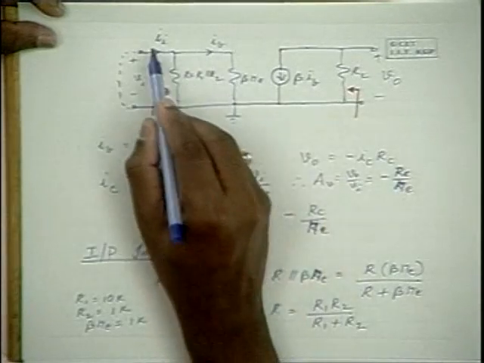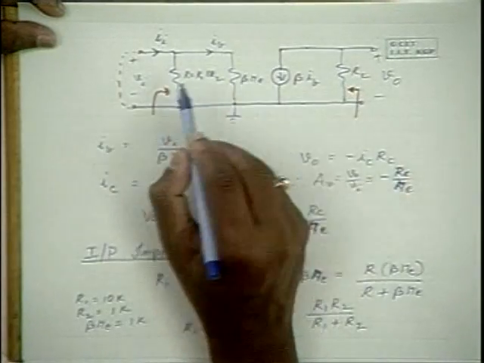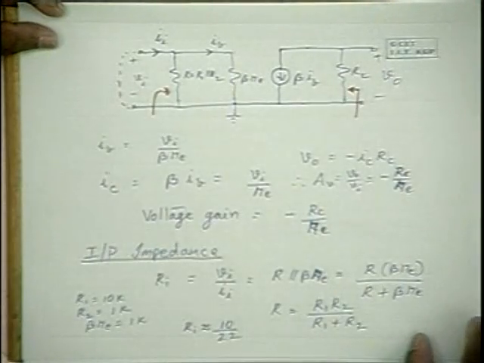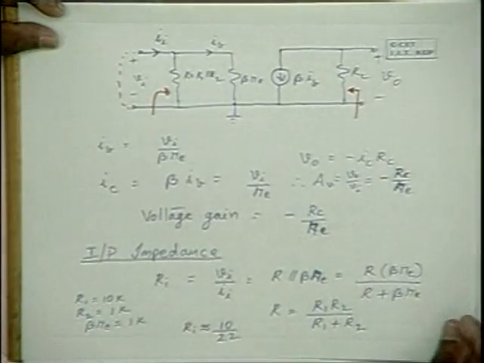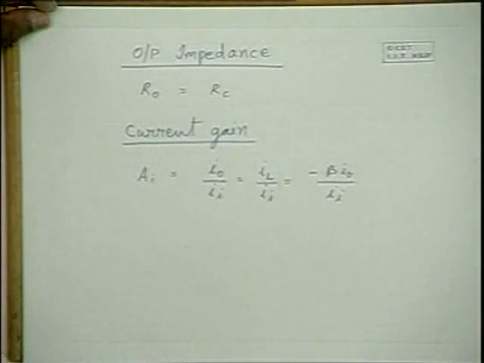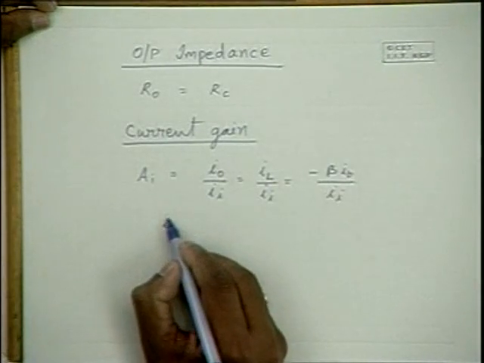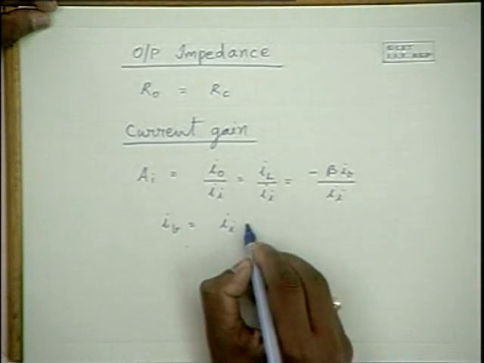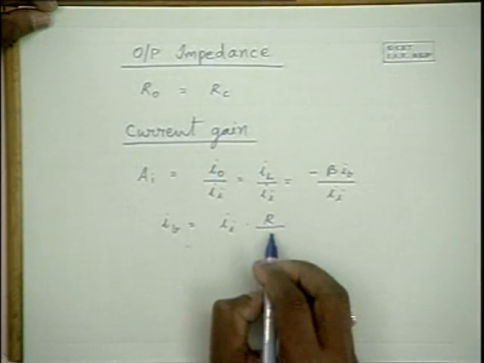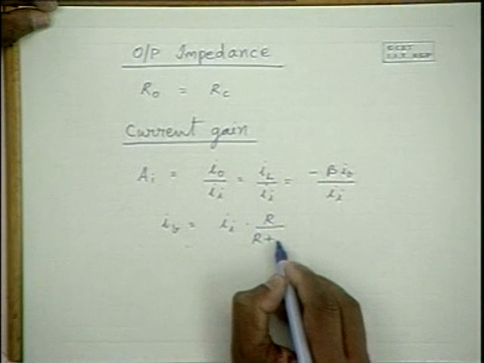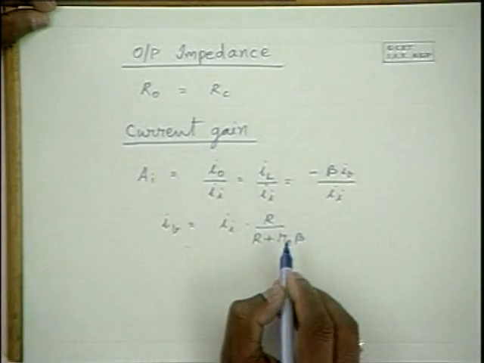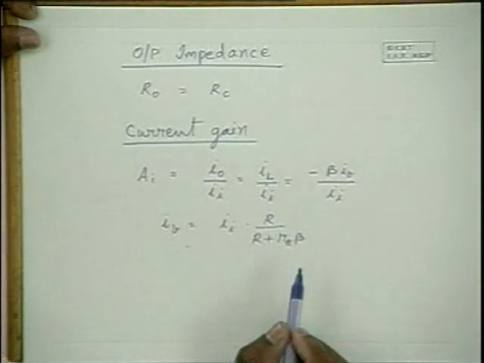IB is II into R divided by R plus beta RE. Therefore, we can express IB in terms of II: IB is II into R divided by R plus RE into beta. So this is the ratio.